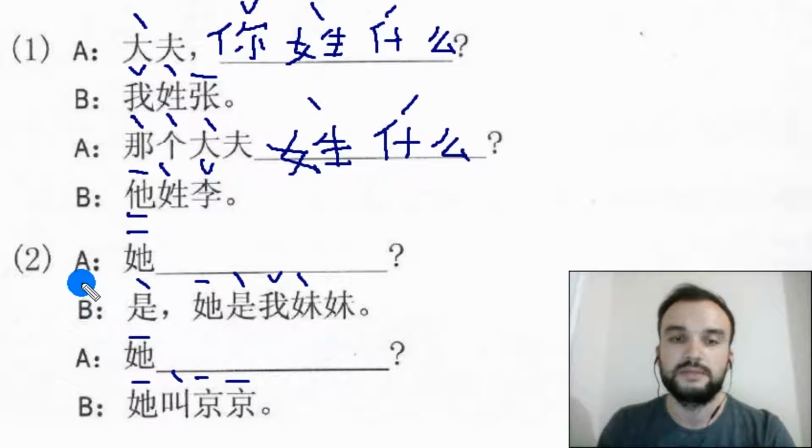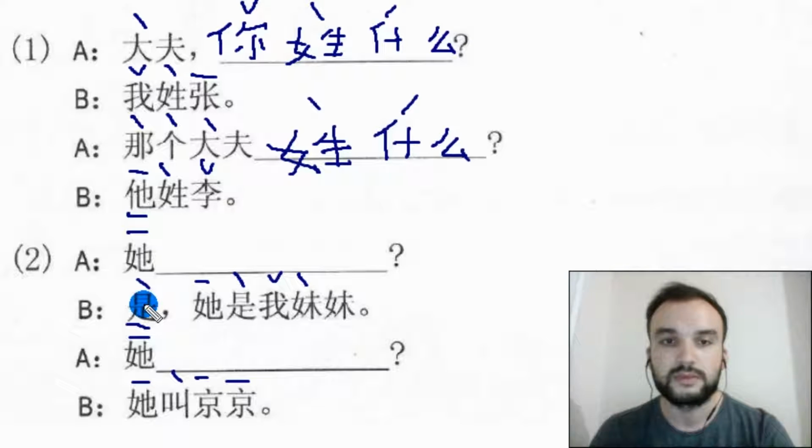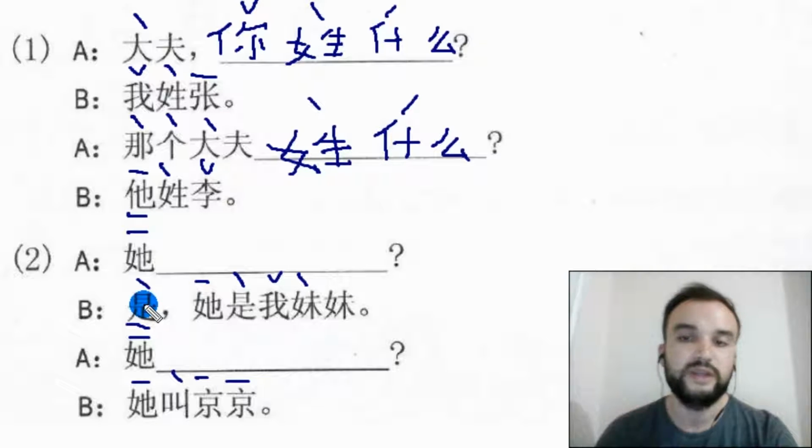And look at the second dialogue. Ta, she. We should ask a question to her. So she answered like, sure, yes. 她是我妹妹. So here we say sure. And I say to you, if there is a yes/no question, we should make a short answer by using the question's verb.